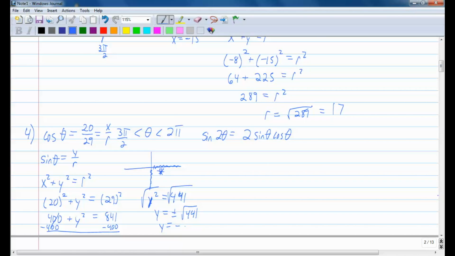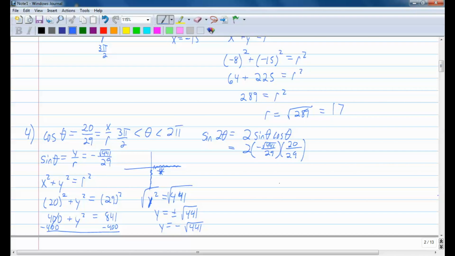So y equals negative square root of 441. So now, sine is y over r, so it's going to be negative square root of 441 over 29. So that's what we plug in here for sine. Cosine is 20 over 29.